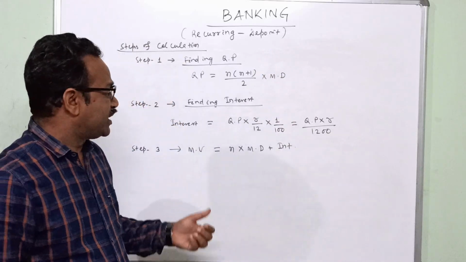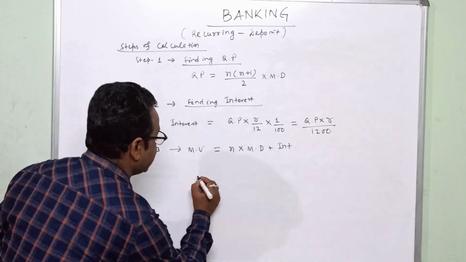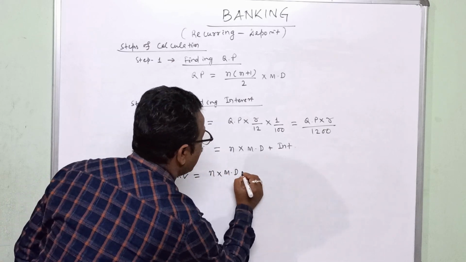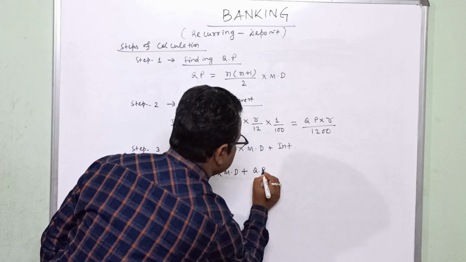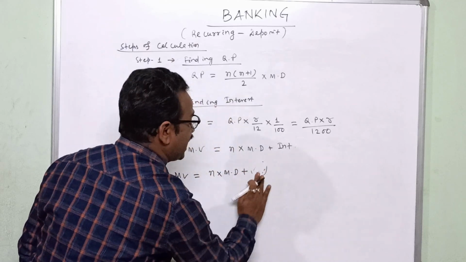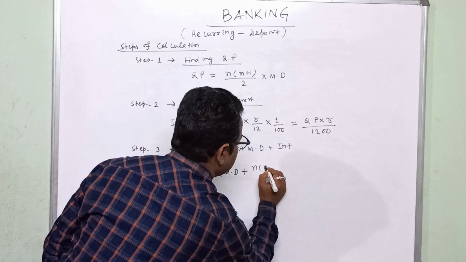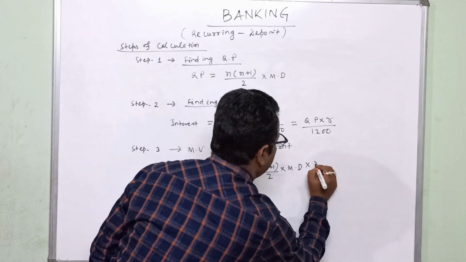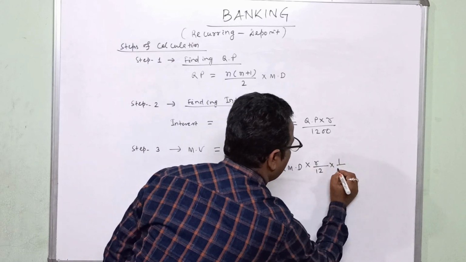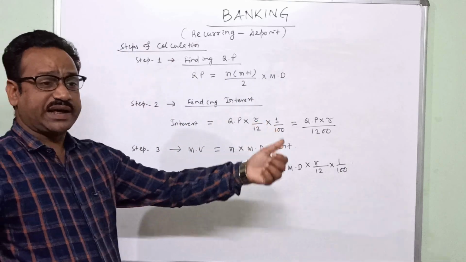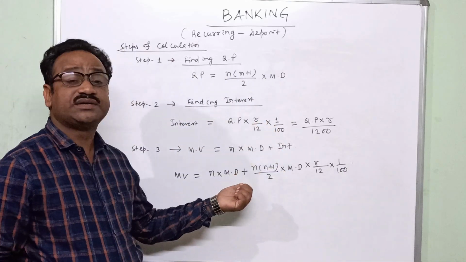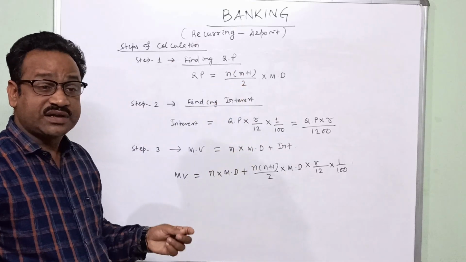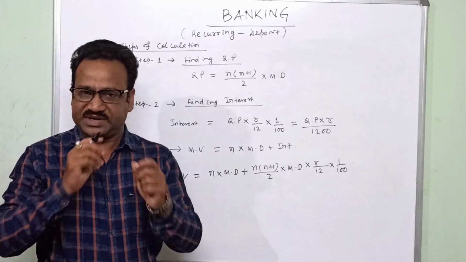Now, if you directly write the formula, MV is equal to n into MD plus QP, and in place of QP we write n into n plus 1 by 2 into MD into R by 12 into 1 by 100, here also we can find it directly, but there is a chance of mistakes. So please follow the steps one by one. There is less chance of making mistakes.